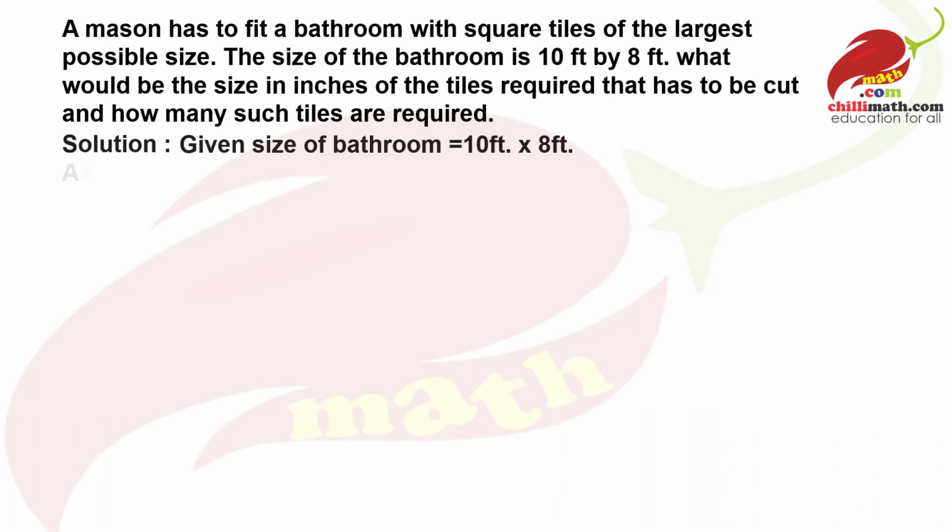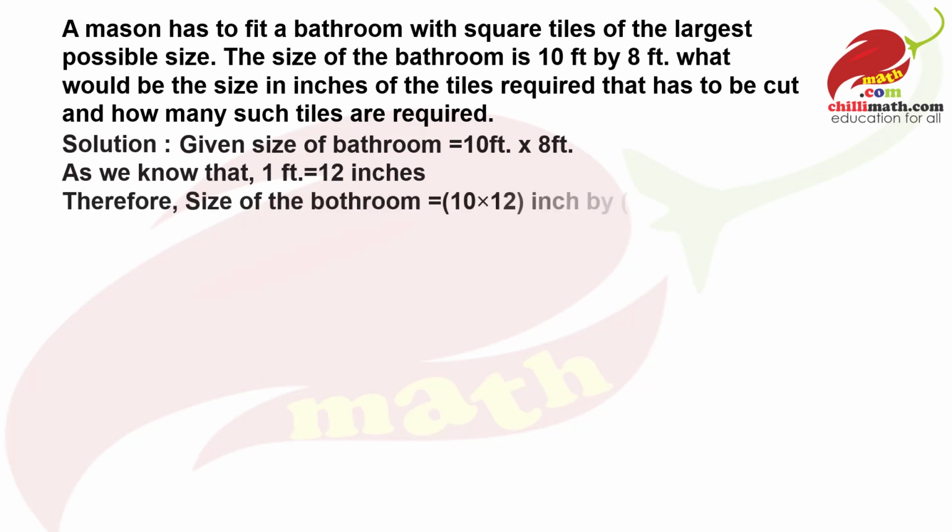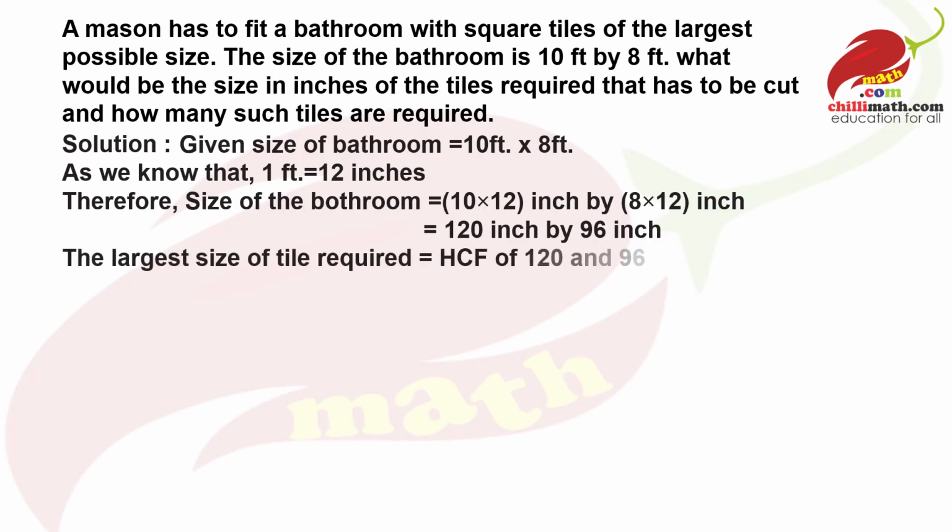As we know that 1 foot equals 12 inches. Therefore, size of the bathroom equals 10 times 12 inch by 8 times 12 inch equals 120 inch by 96 inch. The largest size of tile required equals HCF of 120 and 96.